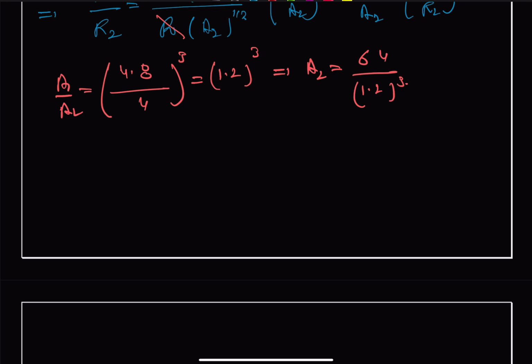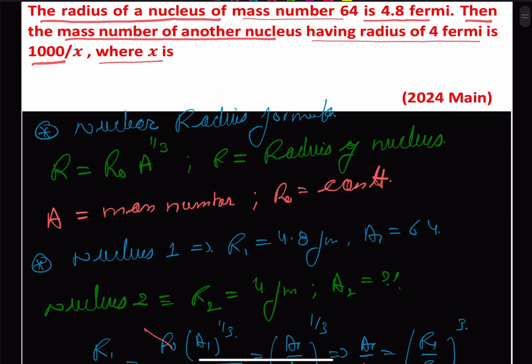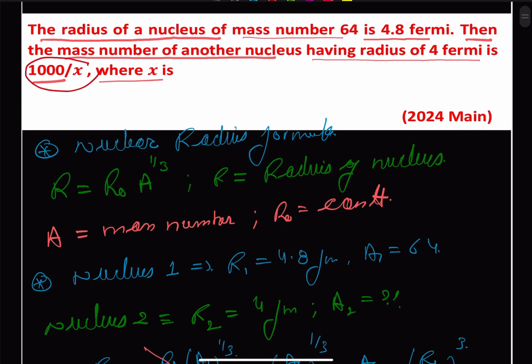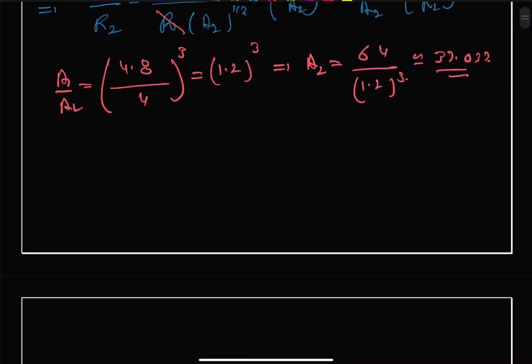Which will give us approximately 37.037, and it is given that our A2 is 1000 upon x. So we can write that A2, which is given as 1000 upon x, and we found this is equal to 37.037.